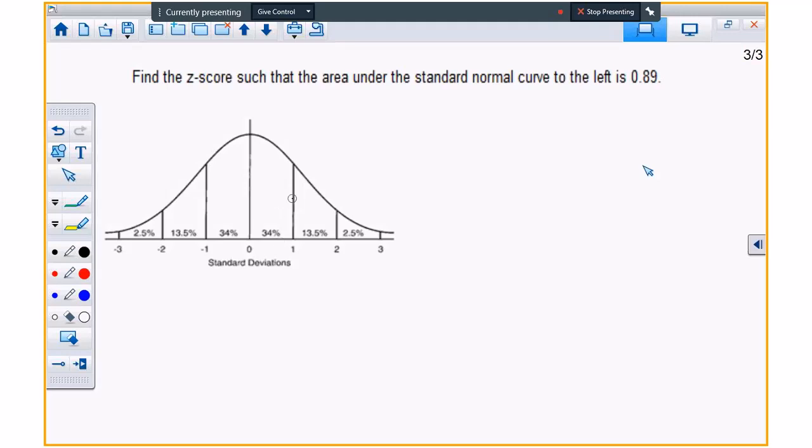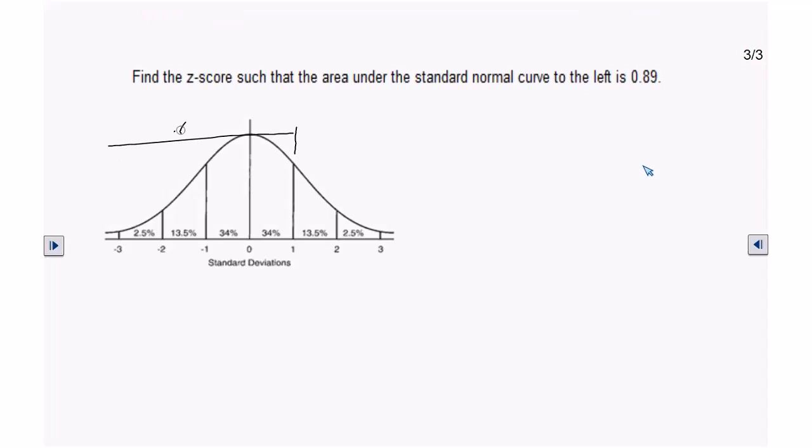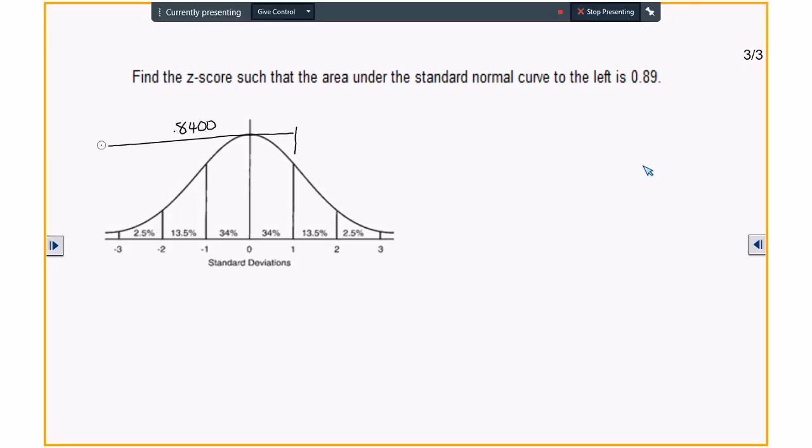So up to this point, that's 0.8400 by the empirical rule. 7 plus 84 gives you 91. 3.5 will give you 88. So I'm thinking right there is 88%.